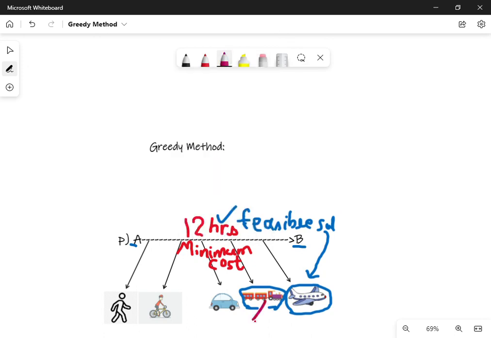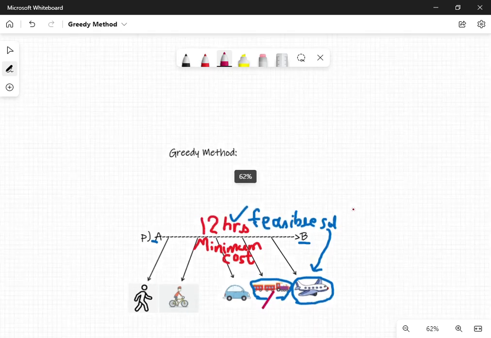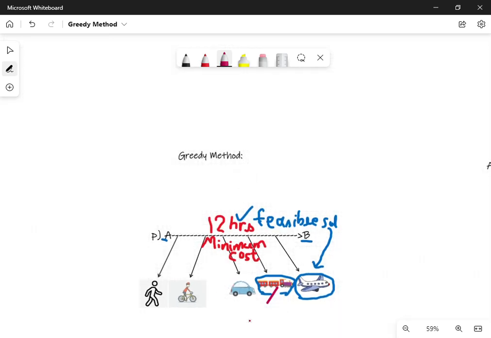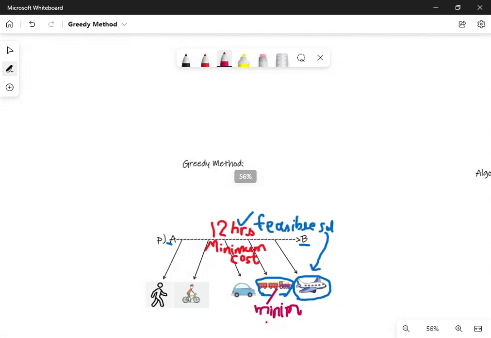So train is our possible option for minimum cost, because a train is less costly than the plane. A train consumes minimum cost.